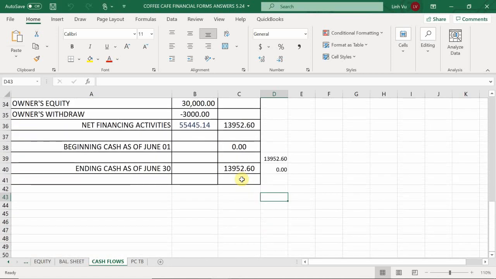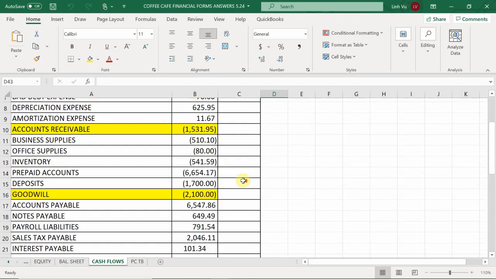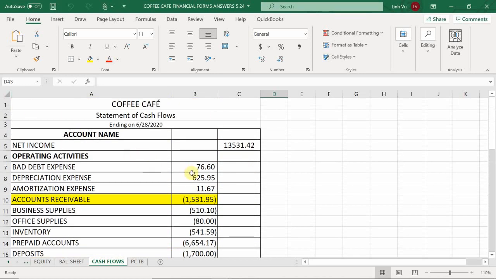Now, once again, I'm still not going to test you on this one because it's one of the most difficult worksheets that you can ever do or compile. The easier ones are going to be your income statement, statement of equity, and your balance sheet, which is the only thing that you need, because this statement right here does not affect anything that you do going forward.